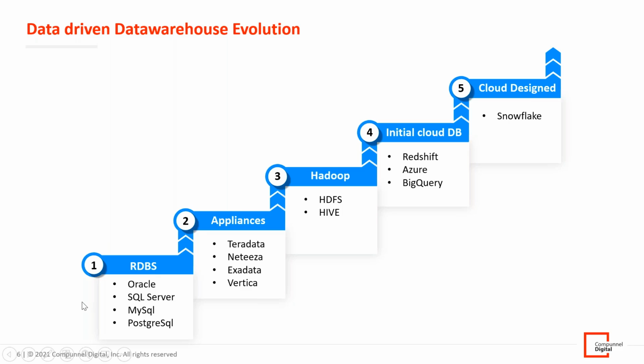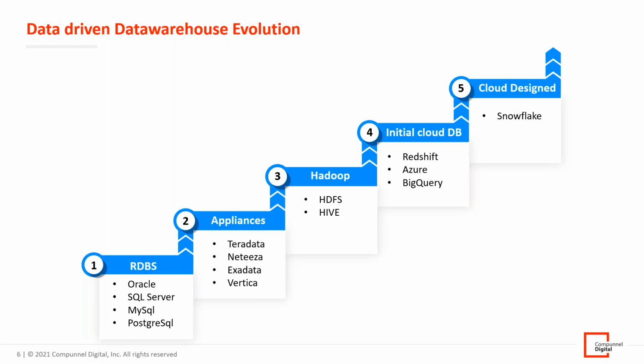Whoever has spent more than a decade, 10, 15 years, in the data space might have seen all these systems in their career. From the 1990s to 2000, RDBMS and traditional warehouses were very popular, and most companies still use them. In 2000, appliances were introduced: Teradata, Netezza, and Exadata, and in-memory databases.